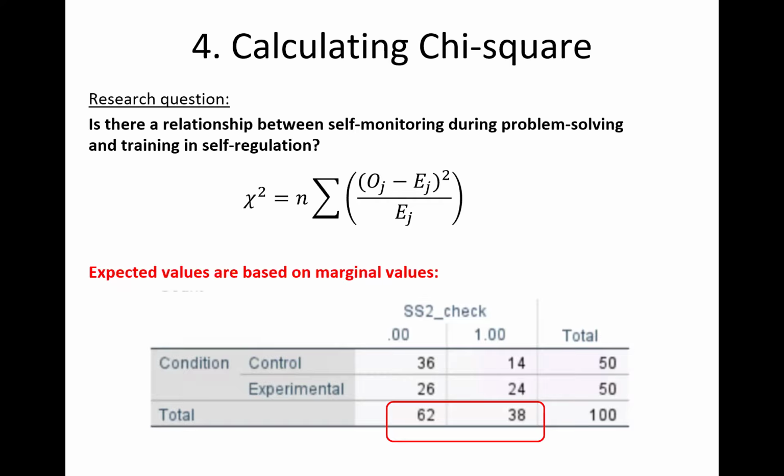If 38 people checked, got a 1 for checking, then I would expect, if there's no relationship between condition and checking, that of the 38 who checked, 19 would be in control and the other 19 would be in experiment. In that case, it would be an even balance on checking, regardless of group. So my expected values are going to be 19 for yes, I checked, and 31 for no, I didn't check.